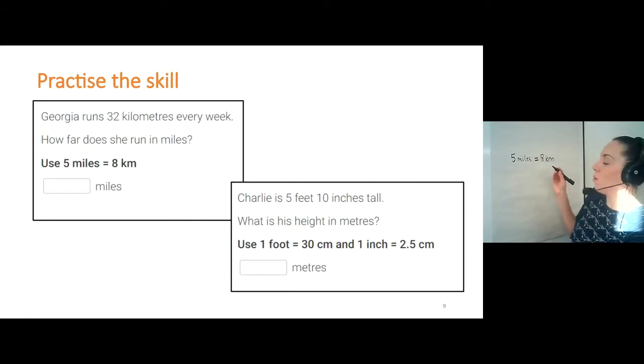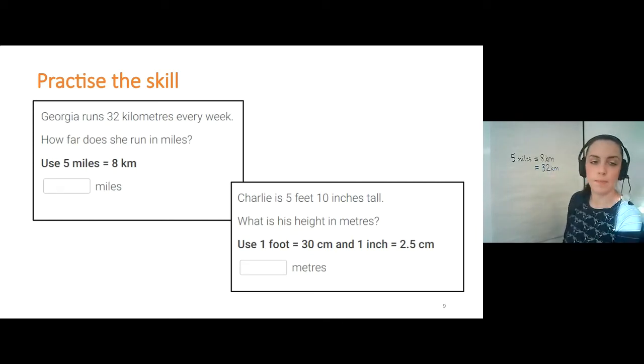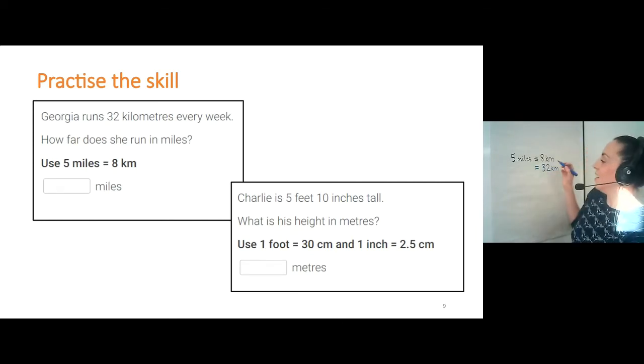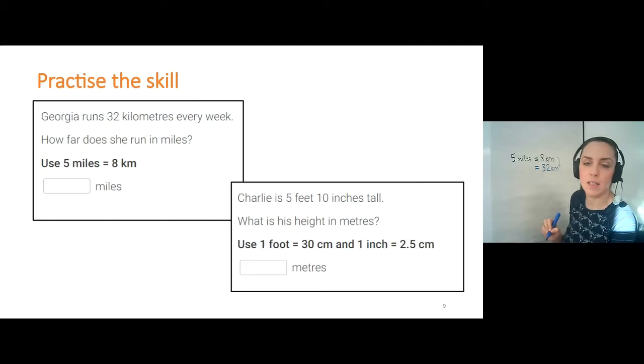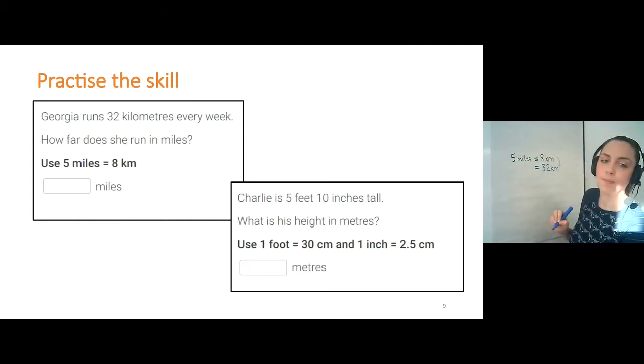So let's apply what we know. We know that she runs 32 kilometres. By how much have we increased the kilometre side by? How many 8s in 32? 4.